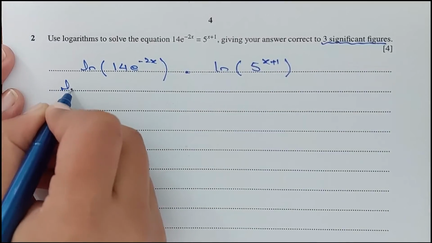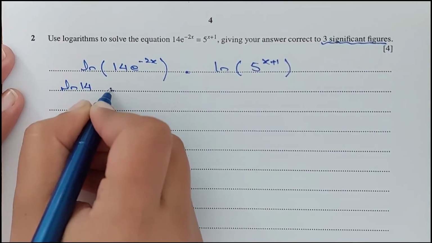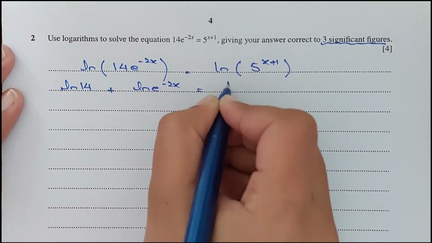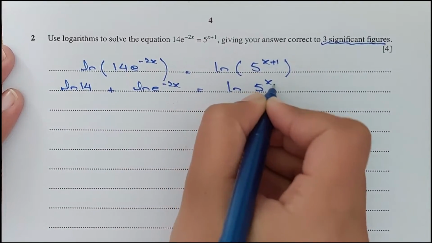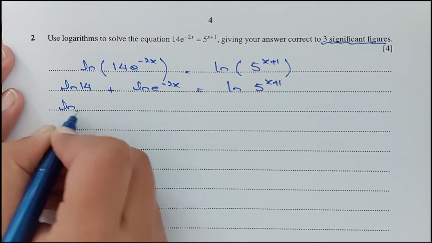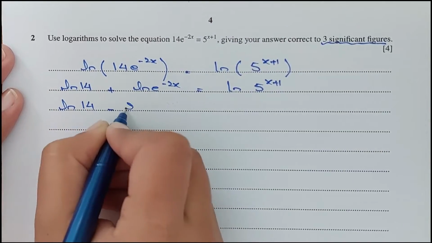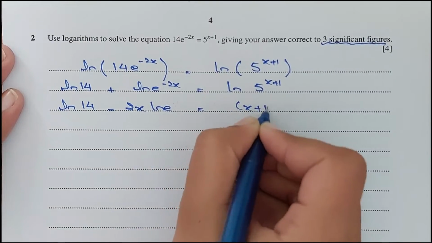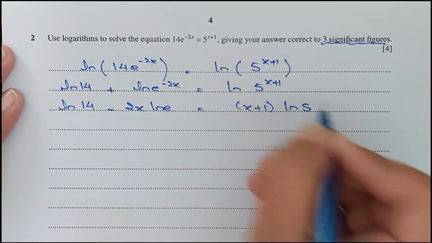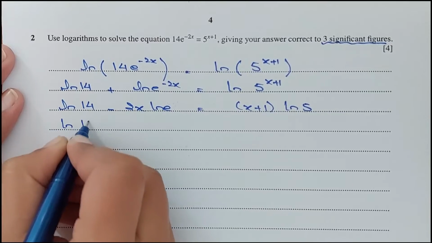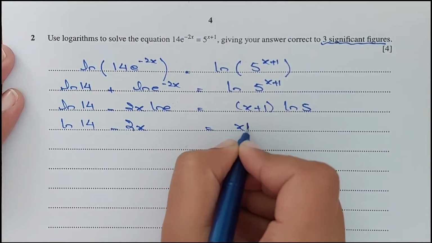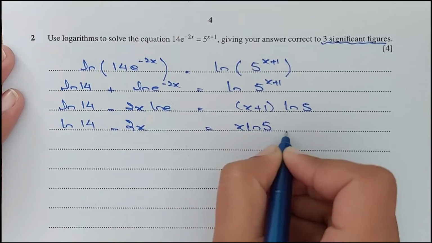Here we have ln of 14 plus ln of e to the power minus 2x equals ln of 5 to the power x plus 1. We have ln 14 and minus 2x ln e equals (x plus 1) ln 5. Ln of e is just 1, so ln 14 minus 2x equals x ln 5 plus ln 5.